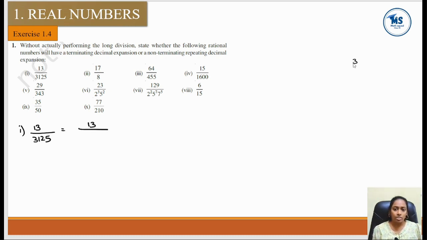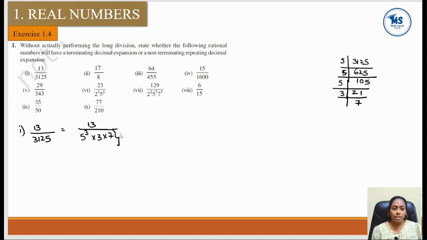I'll write the prime factorization of 3125. This is the prime factorization: 5 cube into 3 into 7.